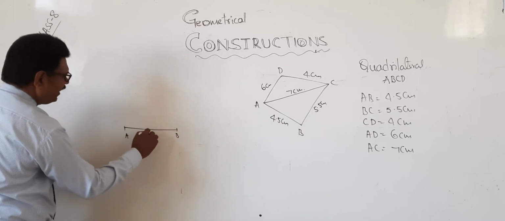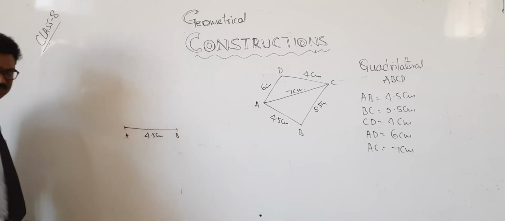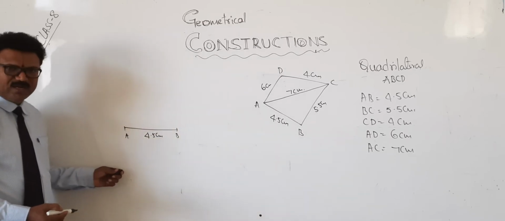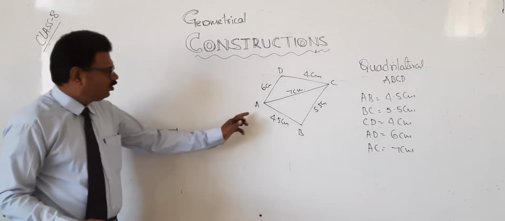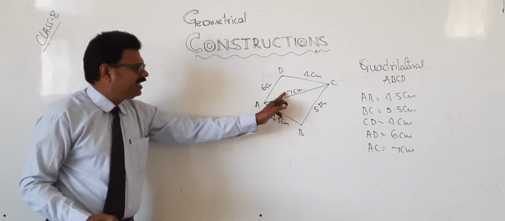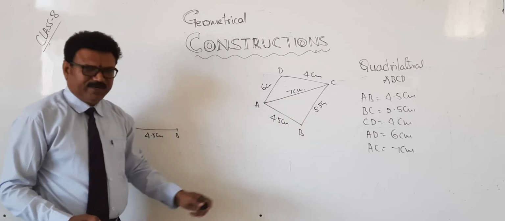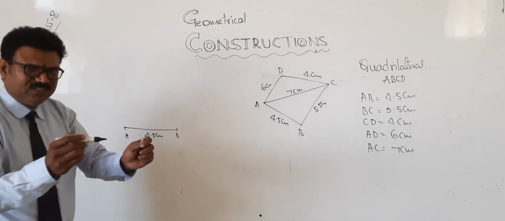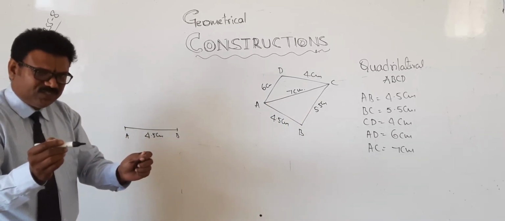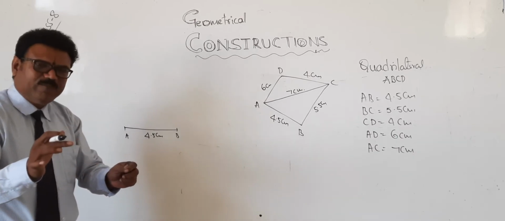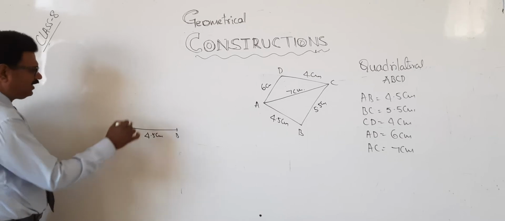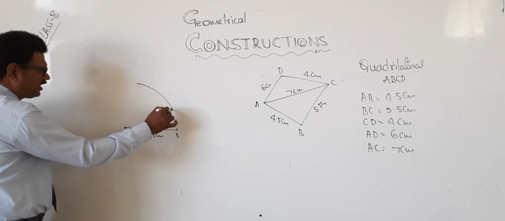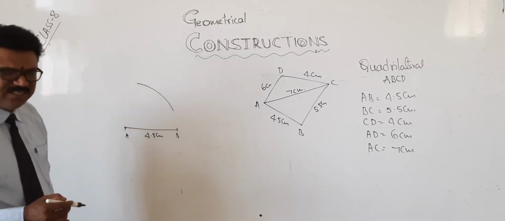AB 4.5 centimeters, with the ruler, not with the compass. Now, A to C, how much is there? 7 centimeters. Take your compass fast. Take 7 centimeters as radius, keep one end on A and draw an arc like this. Did you understand?